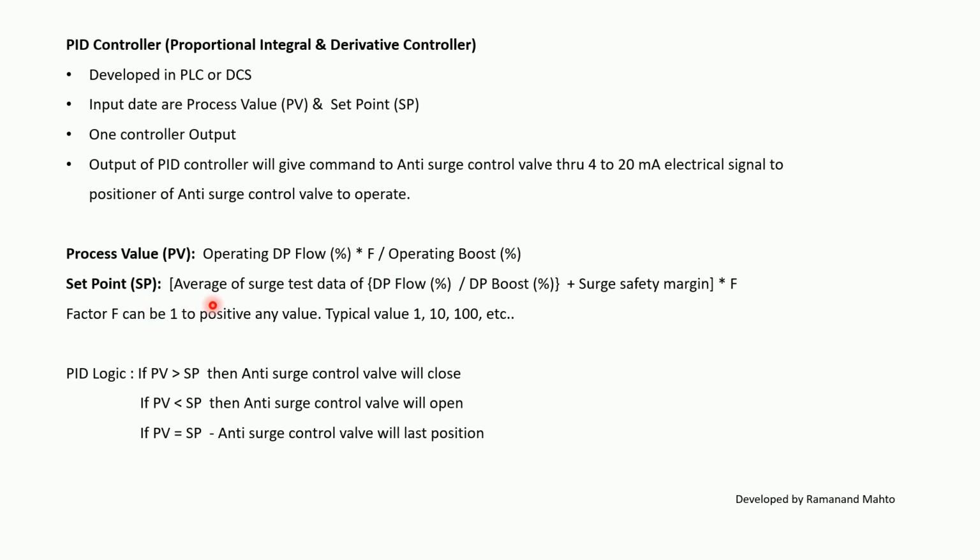Set point is the average of surge test data of DP flow percentage upon DP boost percentage plus surge safety margin, bracket close, into the factor F. F can be 1 to any positive number. Typical value is 1, 10, 100, 1000, etc.